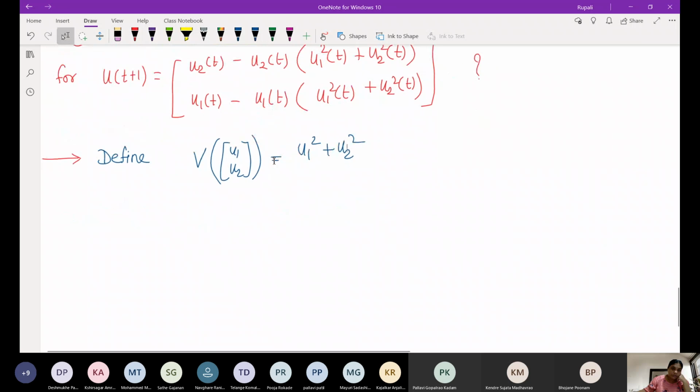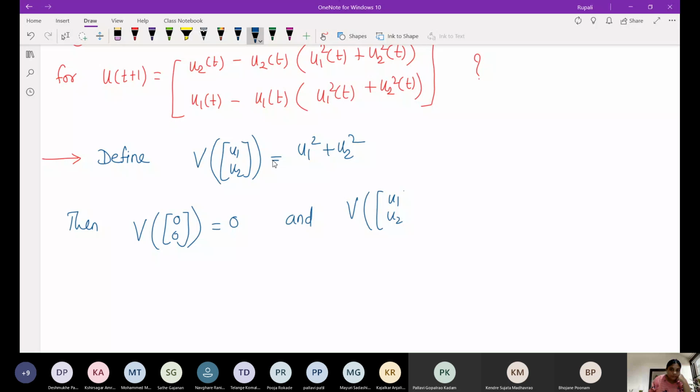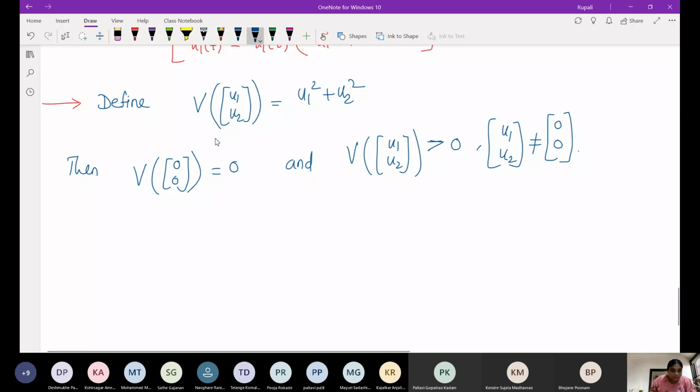Then V at 0, 0 is again 0, and V at u1 u2 is strictly greater than 0 when u1 u2 is not equal to 0, 0. Right, now we only need to check delta t V at u.